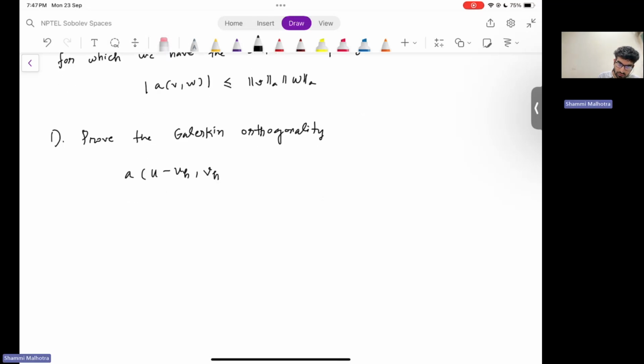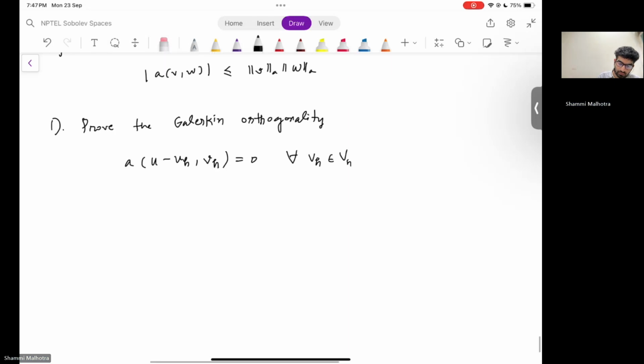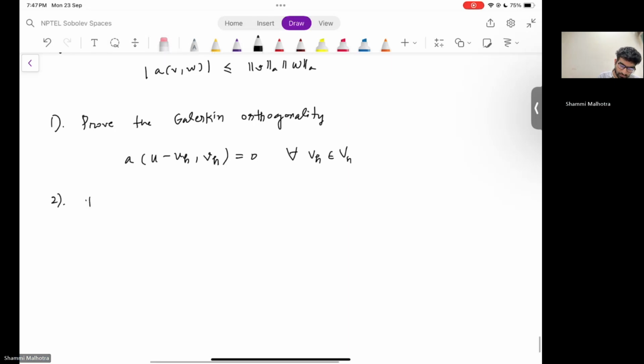And second, we have to show that the norm of u minus u_h in A is nothing but the infimum over all v_h in V_h of the norm of u minus v_h.